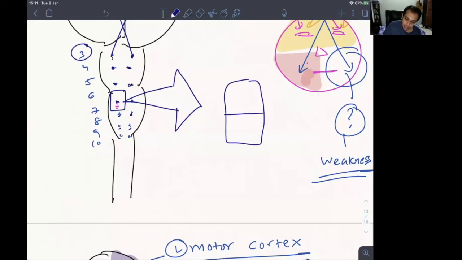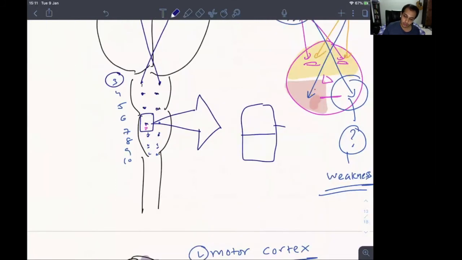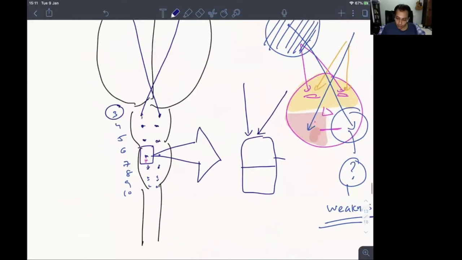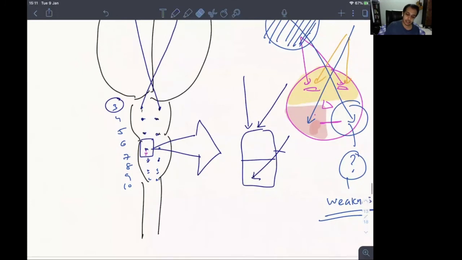Now the upper half supplies the upper half of the face and the lower half supplies the lower half of the face. The upper half gets input from both sides, whereas the lower half gets input only from the other side. So if there is a lesion in the nucleus itself, then it doesn't matter where the input is coming from, because finally the nucleus itself is gone.